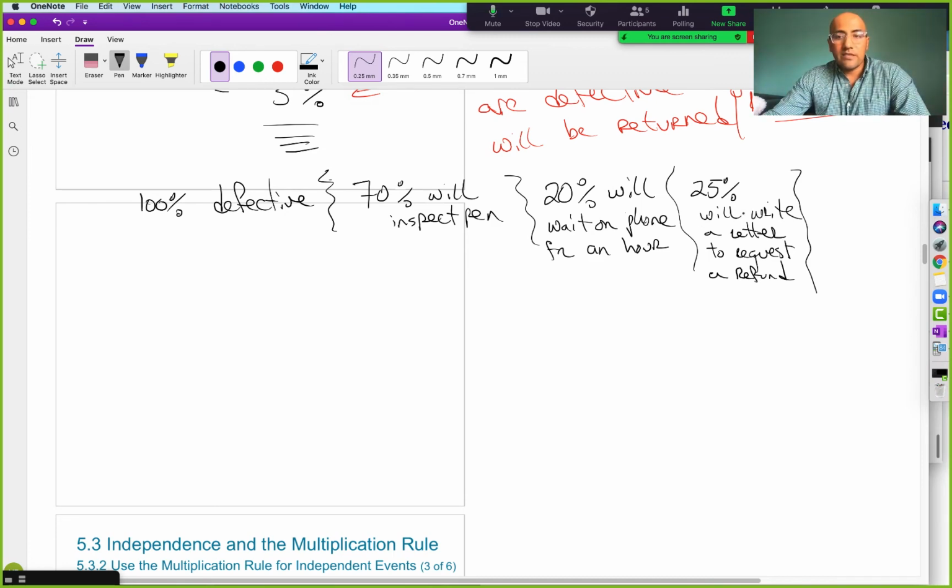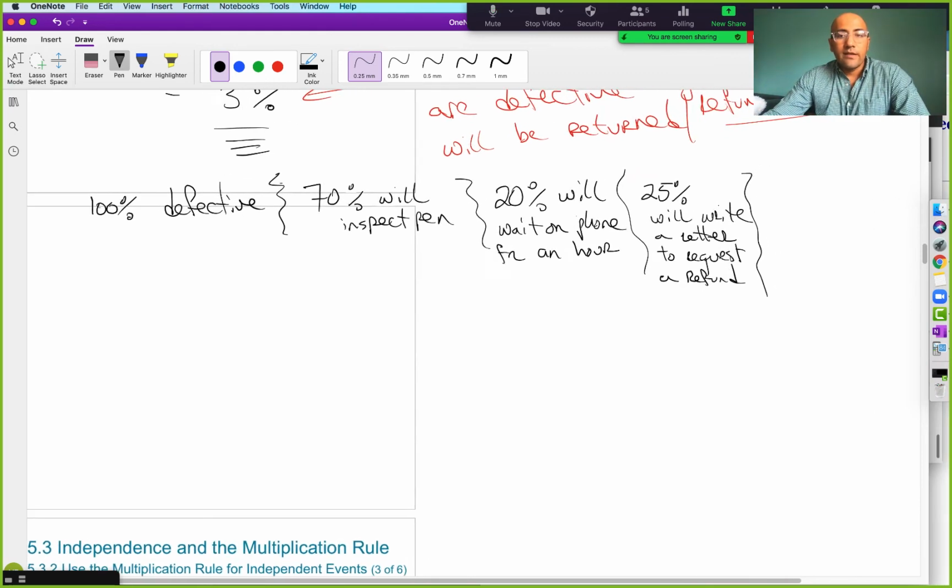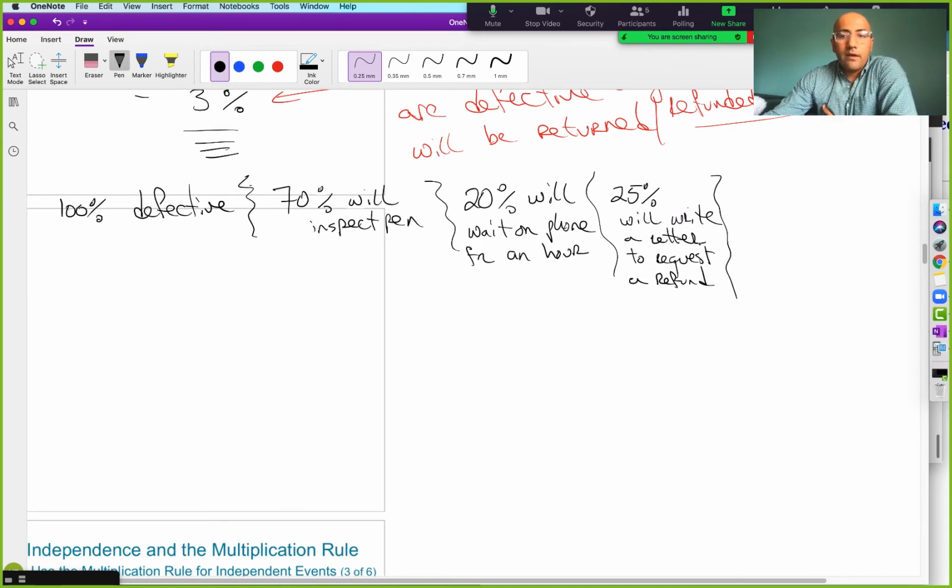Once the company receives the letter requesting a refund, they will send them a little bag with a self-stamp thing. What do you call it? Like a little box or something to return the pen. So how many people are actually going to follow through the process of putting the pen into the little return envelope and go over to the mailbox and drop it in?